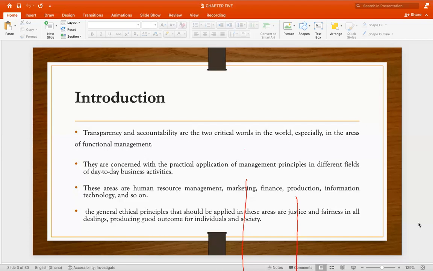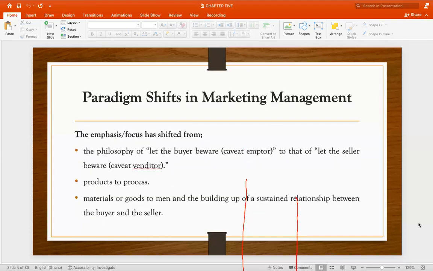The general ethical principles that should be applied in these areas are justice and fairness in all dealings, producing good outcomes. We have already talked about the overview of ethics, and we know that to be ethical in business is just a matter of applying what is accepted worldwide in that field of business and what is right.